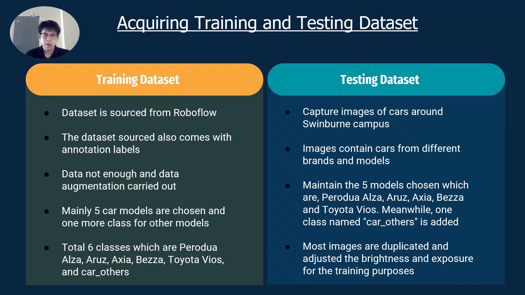And when we took the testing images, we duplicated them into 3 sets of images and adjusted the brightness and exposure level of the duplicated ones, to ensure that our model will have images of different conditions for training. For example, different lighting, whether it is daytime or nighttime. So these are for the training purpose.